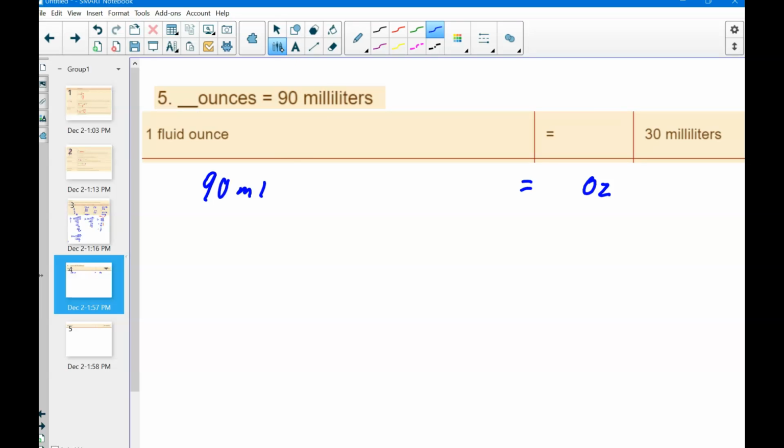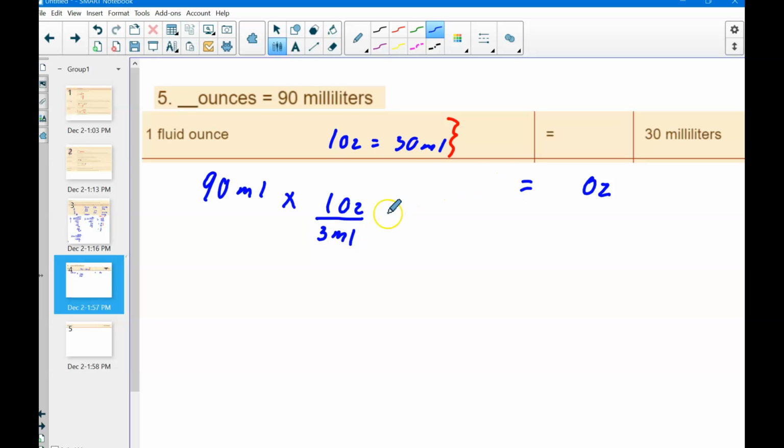One fluid ounce is 30 mils. So what that means right here, 1 ounce equal to 30 mils. I want the mils to cancel, so I'm going to multiply. I want to set this up with 30 at the bottom. So when I set it up like this, it's going to be 1 ounce over 30 mils.